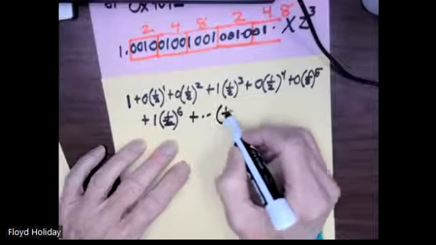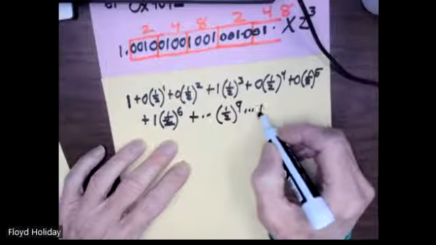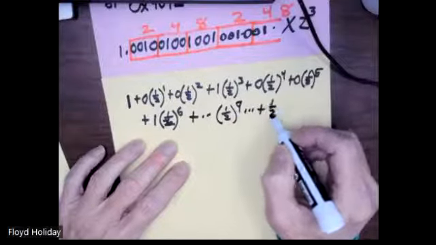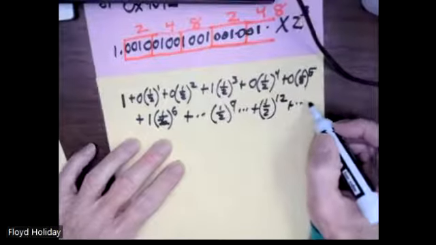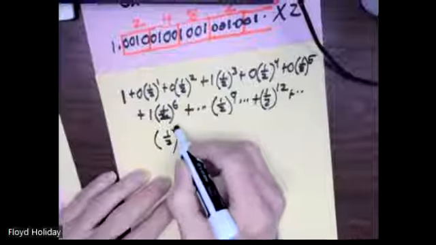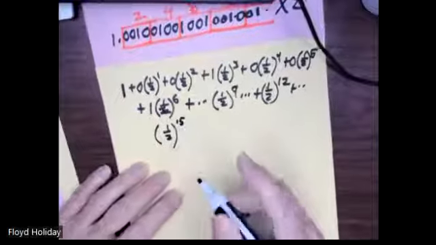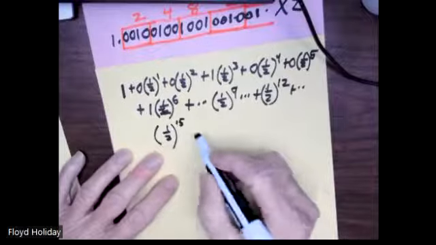And it'll be 1/2 to the 12, to the 9, dot dot dot, plus 1/2 to the 12, plus dot dot dot, 1/2 to the 15, and there's 52 terms.